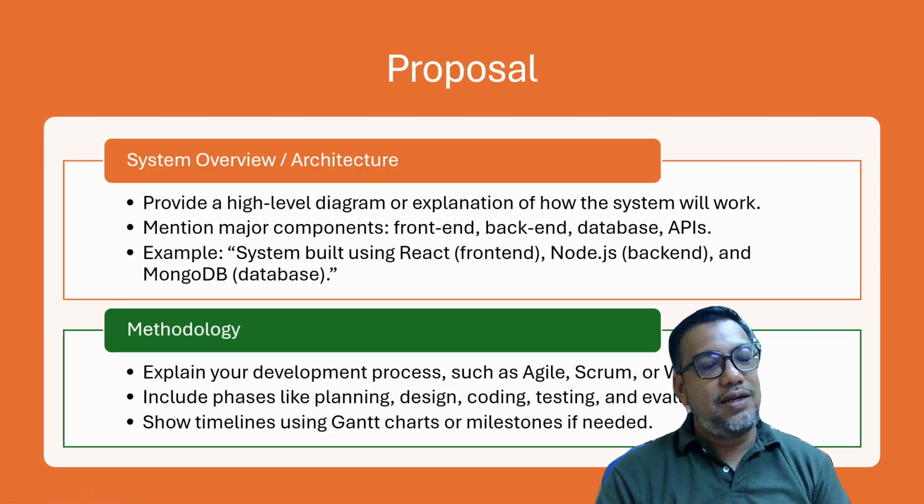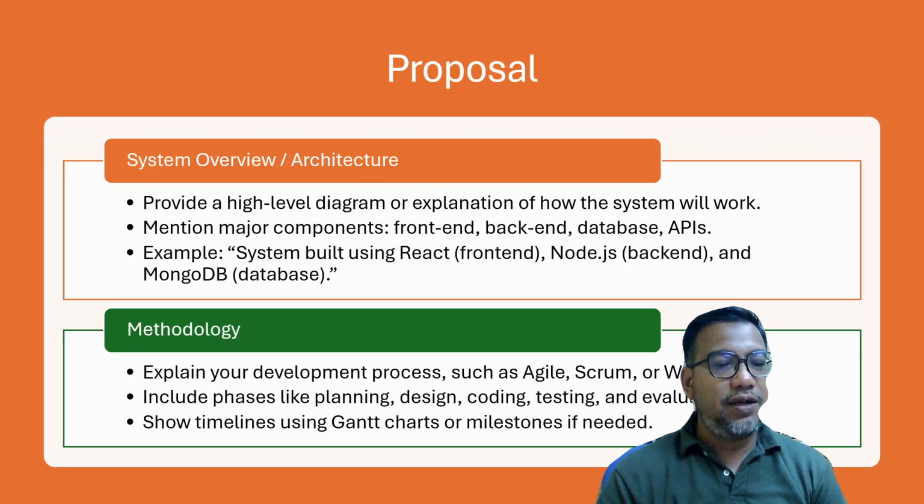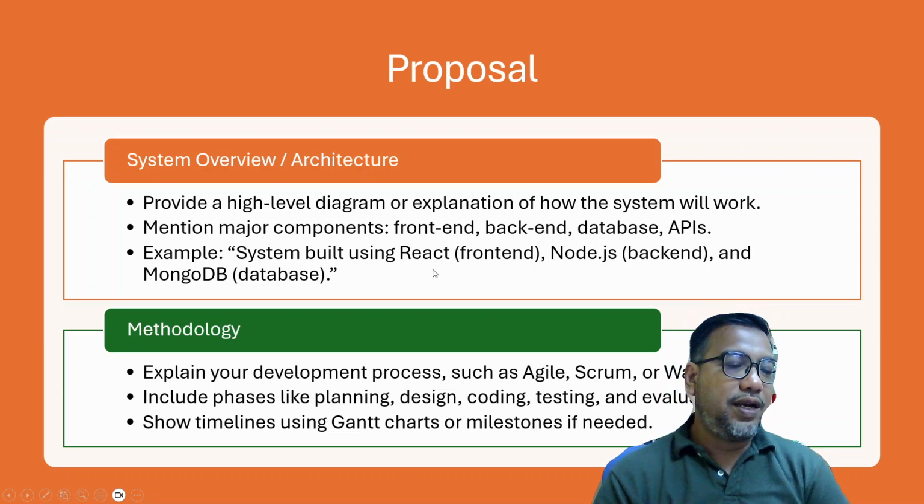Right, and then your proposal must explain the system overview and the architecture you want to use. Okay, right, for example you want to use React Native kan, and then Node.js or MongoDB, or you want to use PHP, MySQL, okay, something like that, right?